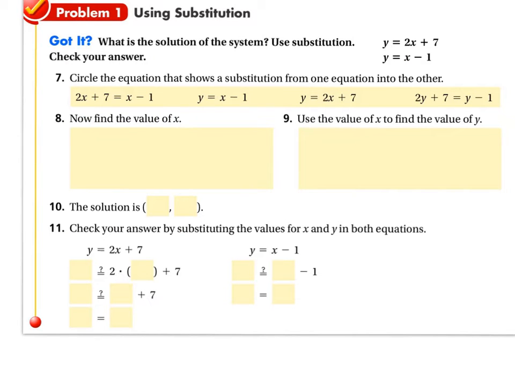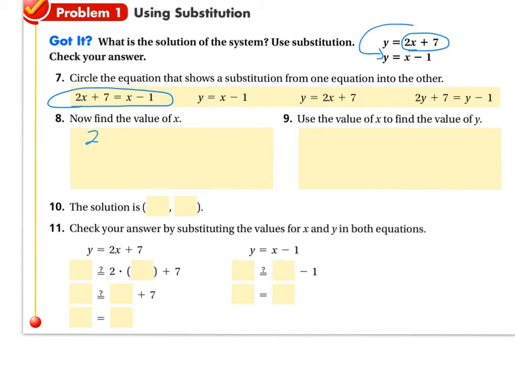Here we have a system of equations. Both equations are in slope-intercept form, so the y is already isolated. So I can take this value and substitute in place of the y in the second equation, which makes 2x plus 7 equal to x minus 1.